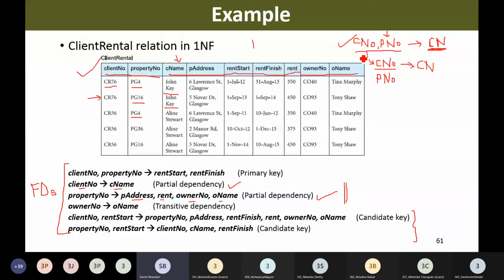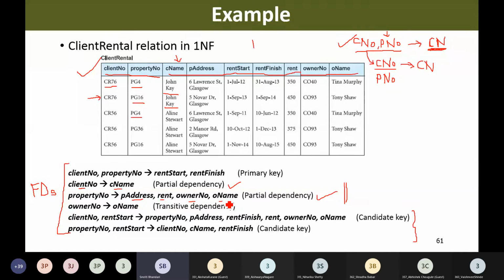So that is why we are saying that this is a partial dependency, because the proper subset of this left-hand side can also determine the right-hand side of the functional dependency. Right? So here we have this partial dependency, client number determining client name.